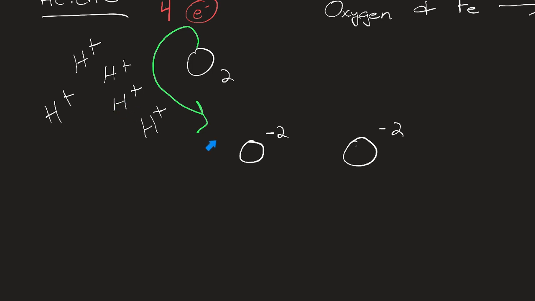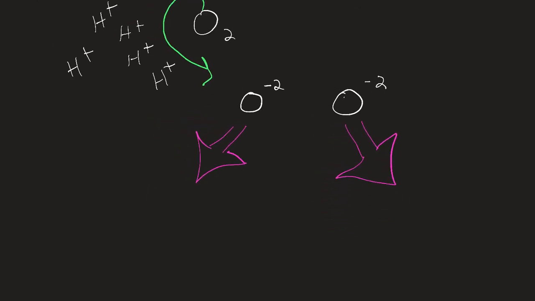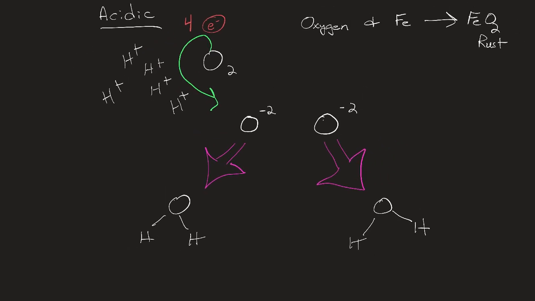This satisfies both. If oxygen takes on the hydrogens, then what are you going to make? You make water. In fact, you make 2 waters for every oxygen molecule you breathe in.